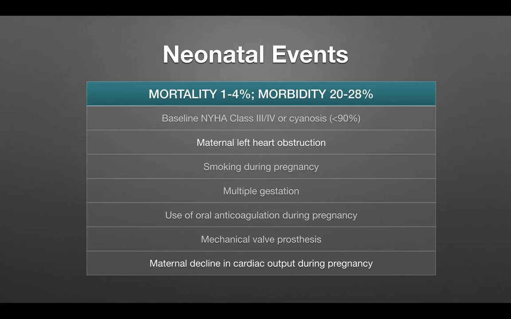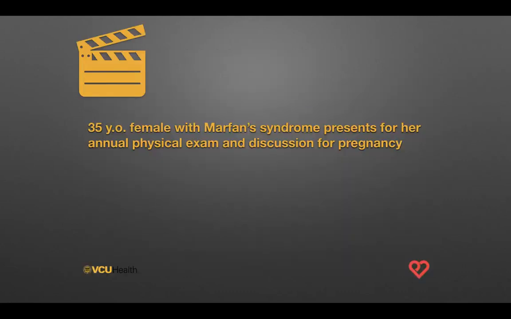Included in this is also mechanical valve prosthesis, or any mother whose cardiac output declines during pregnancy, feeding back into positioning, as well as what we will discuss in the future cases of making sure our cardiac output augments appropriately during pregnancy.